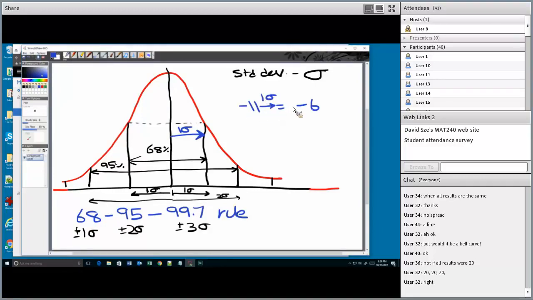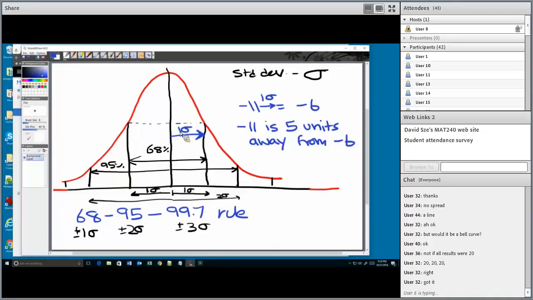How far is -6 from -11, where -6 is the one standard deviation line? So -11 is 5 units away from -6. If it's 5 units away, meaning 1 sigma is 5. This is why standard deviation is 5. Got it? Excellent.